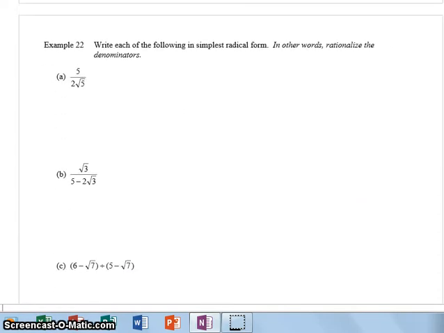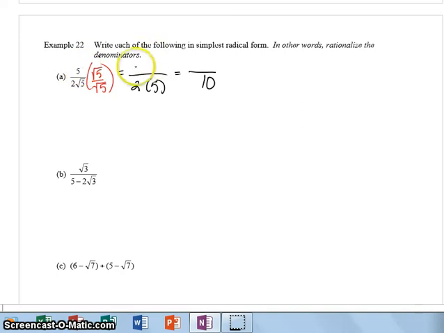Okay, example 22. All right, again, now this is a little bit different. It's multiplication. So you can just multiply the top and the bottom by radical 5. On the bottom, you have 2, and then radical 5 times radical 5 would be 5, and 2 times 5, you're going to get 10. So my new denominator is just a 10.